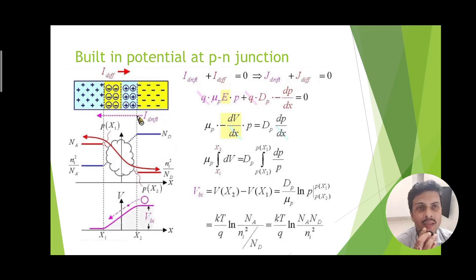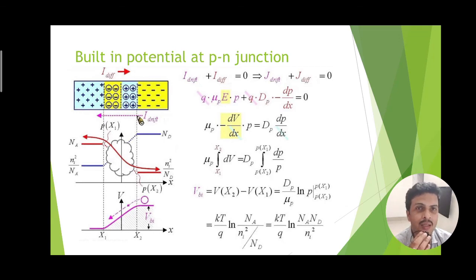So drift current is given by Q into mu P into capital E into small p, because p is the hole concentration, plus the diffusion current density, which is given by the product of the charge Q, the diffusivity of the holes Dp, and the negative slope minus dp dx. Now, why is the slope negative?